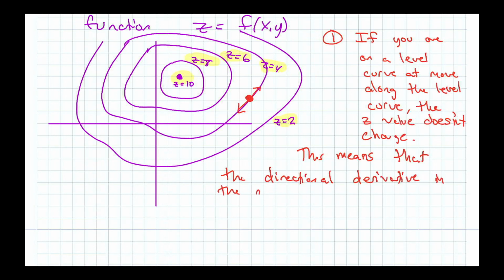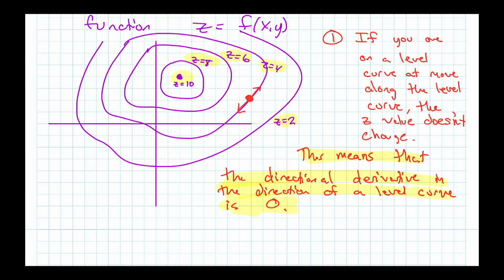In the direction of a level curve is 0, right? Just like I drew.